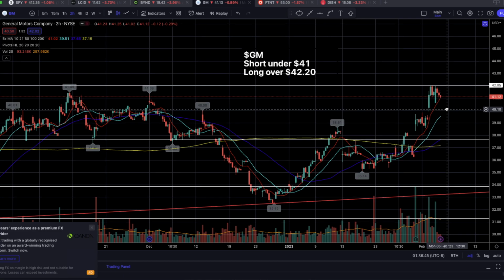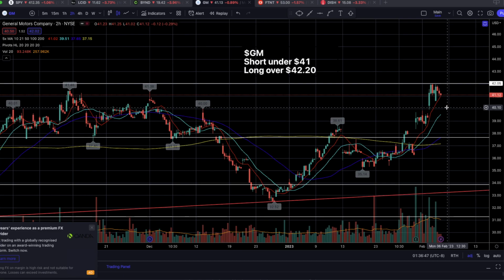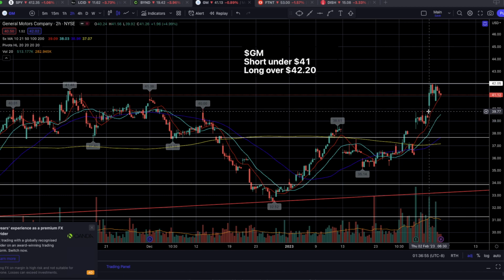And what's great about GM here as well, just like Beyond, we have a couple of gap ups that we need to fill. We need to fill one right here and right here. So we have 2 gaps to fill.